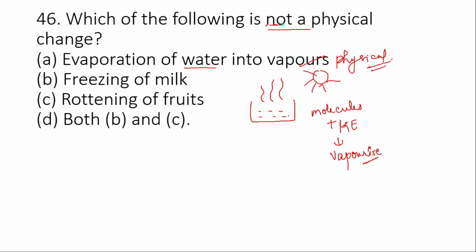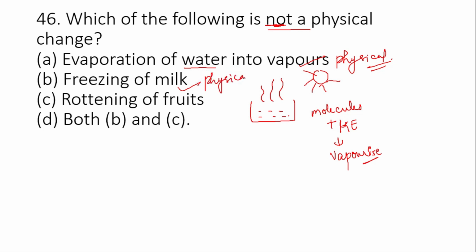So we are supposed to find the chemical process, as they have said, which is not a physical process. Freezing of milk. Again you see, it is freezing, so is any bond forming or breaking in the molecule? The answer is no. Due to the decrease in temperature, milk is getting frozen. So this is again a physical process.